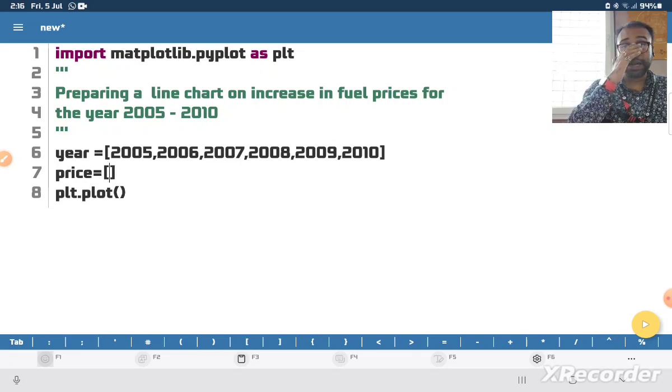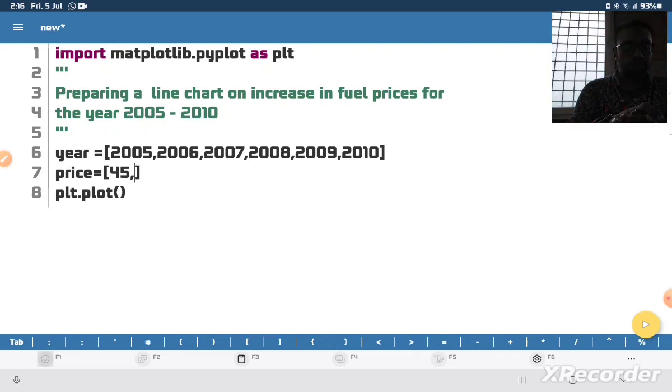Now, the data that I have here: in 2005, the price of unleaded petrol was 45 rupees. In 2006, it increased to 47 rupees.